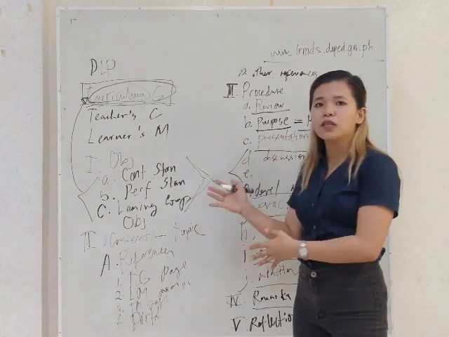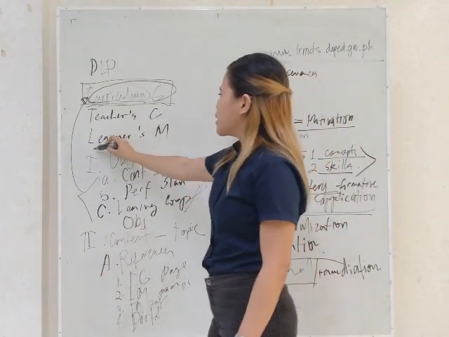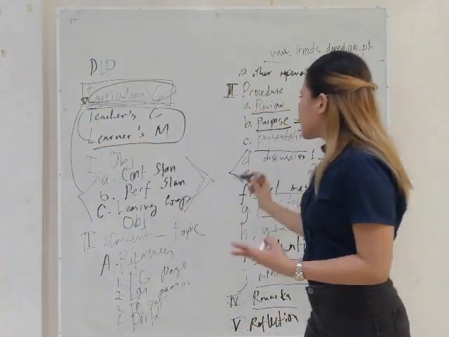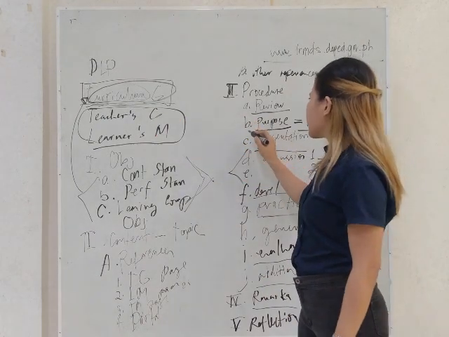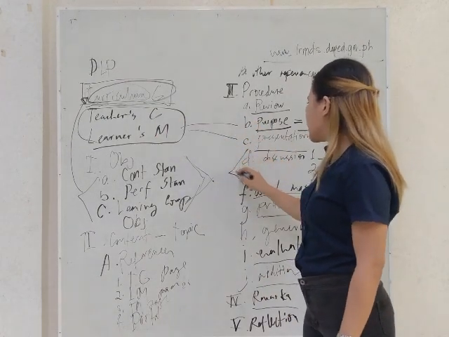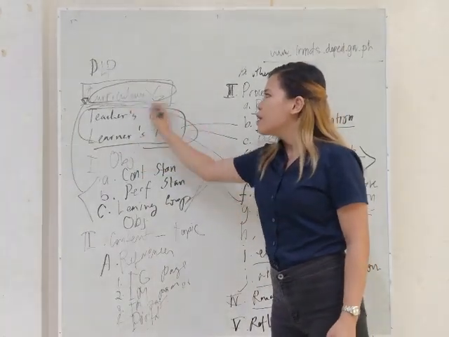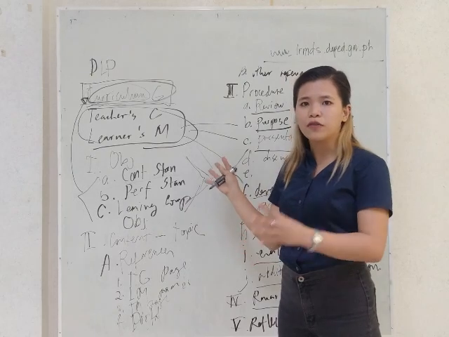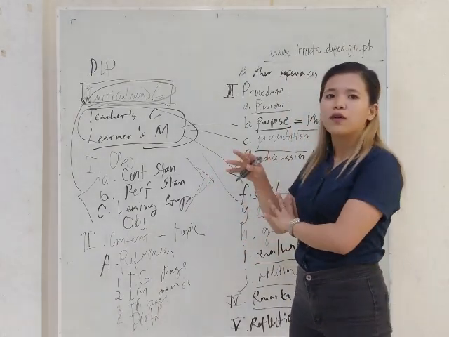As teachers, we should always be innovative. In the teacher's guide and learner's material, you can get your tasks from here. You can get the motivation, presentation, discussion, all of these activities. It can be present here. But what if it is not provided? Of course, as a teacher, you should be able to innovate or construct your own tasks.